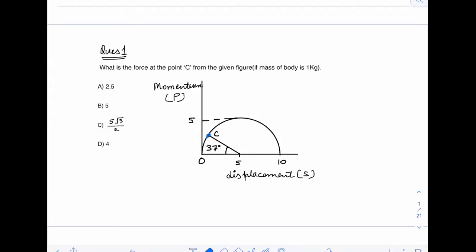Okay. So, has anyone solved this question? Yes. Okay, I will start solving this question now.